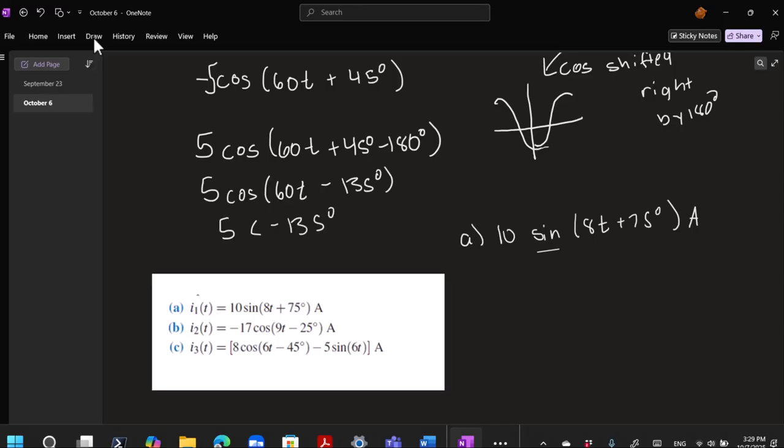And the way we change sine to cosine is by subtracting 90 degrees.